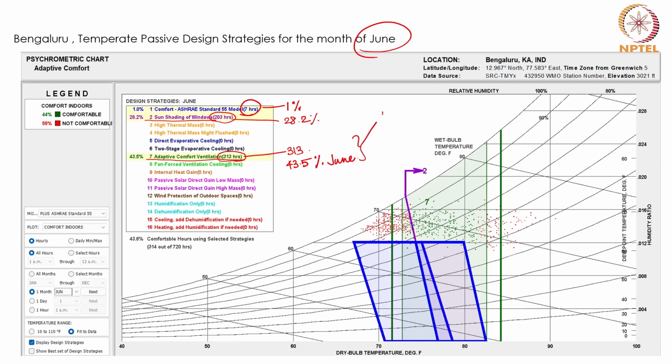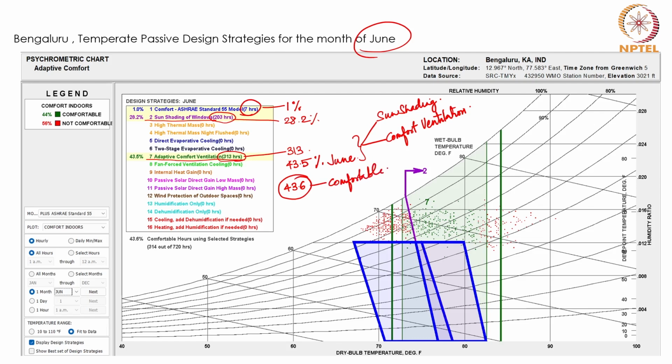One is solar shading of windows or sun shading of windows, and second is adaptive comfort ventilation. If just these two strategies are followed, then 43.6% of the total month of June can become comfortable.